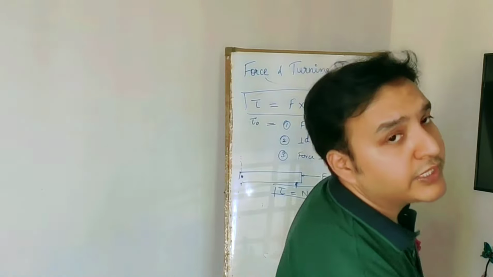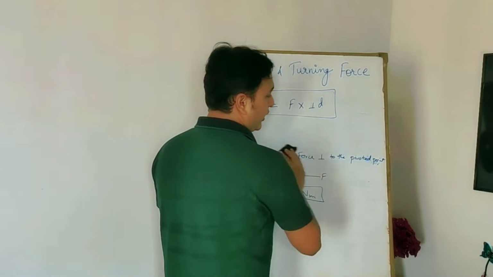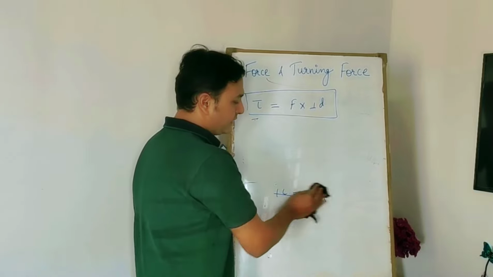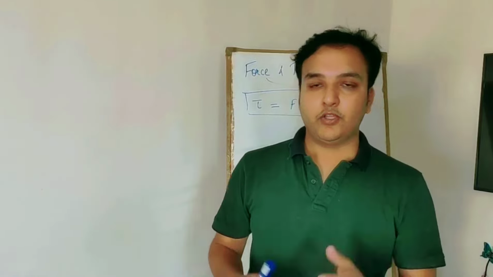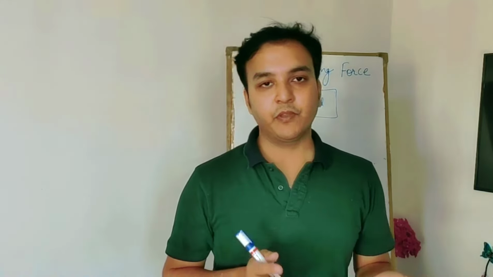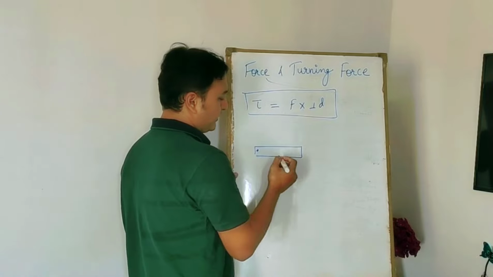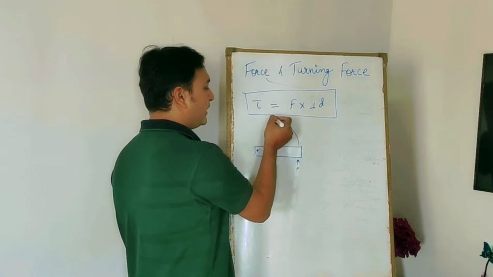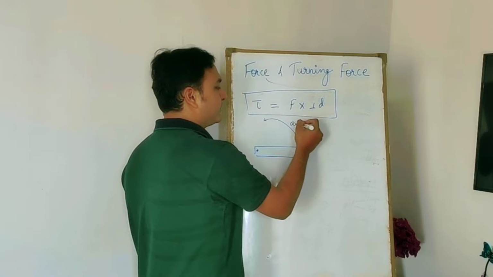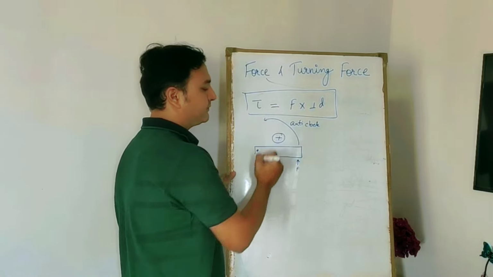Now, tau is a vector quantity. This torque is a vector quantity. Whenever there is a vector quantity, it will have a positive direction and a negative direction as well. So, if I apply a force and the body moves in the anti-clockwise direction, this is considered positive.